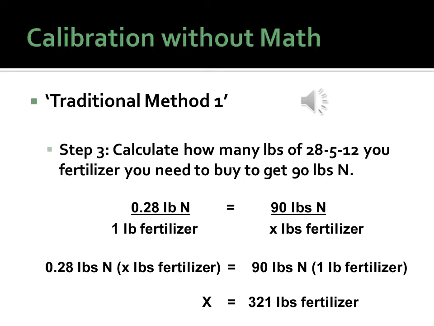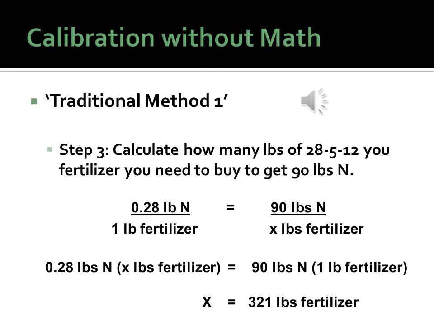So when we do a cross multiplication, 0.28 times X is equivalent to 90 pounds times 1 pound. Y'all know what this is going to be.